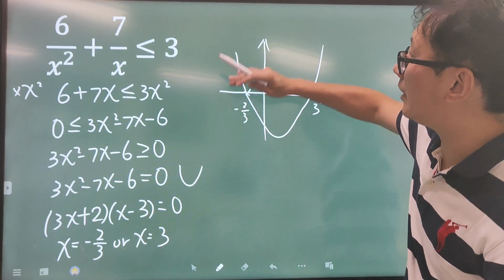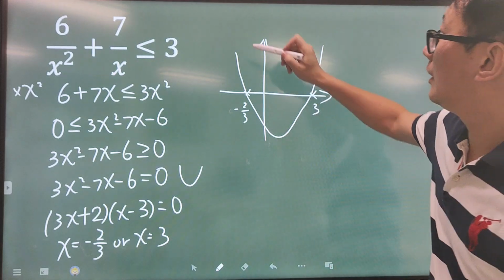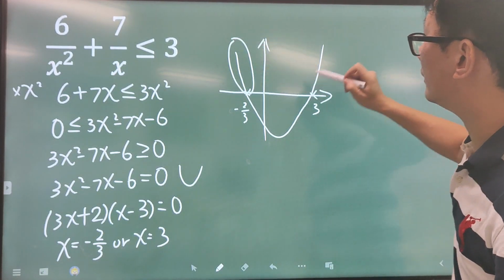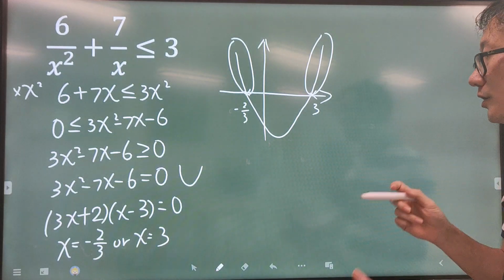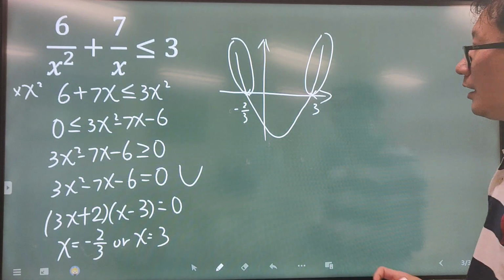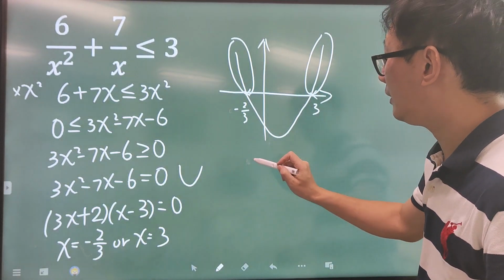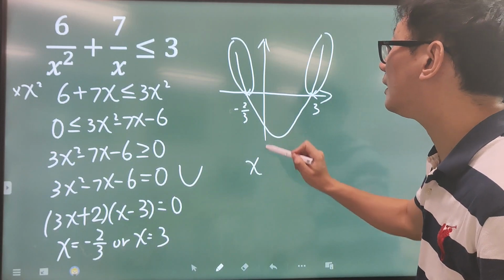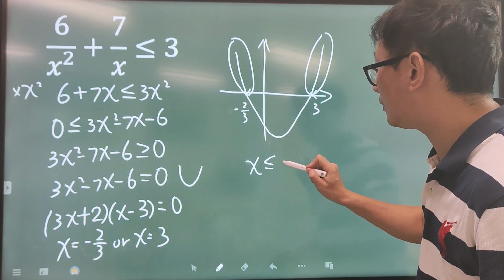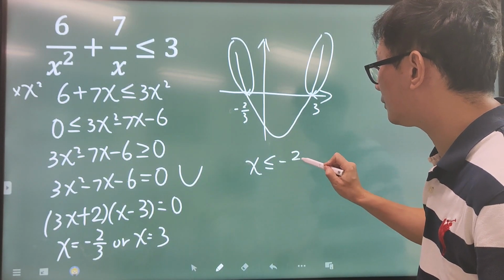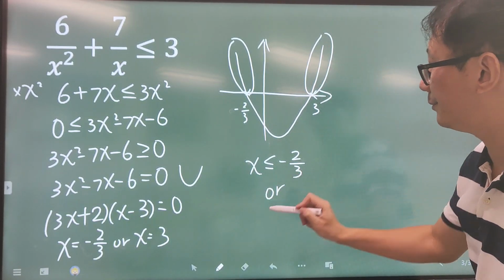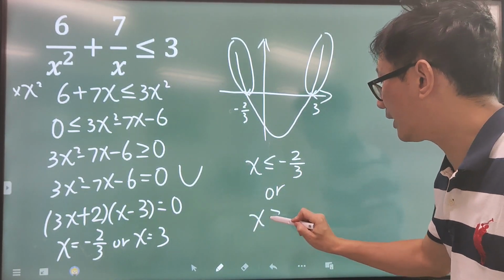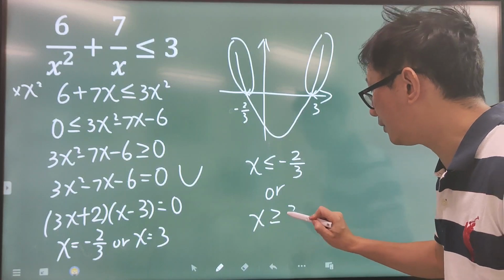Okay, so it's above the x-axis, this part here, or this part here. So that means our solution should be x is smaller than or equal to negative 2 over 3, or here, x is greater than or equal to 3.